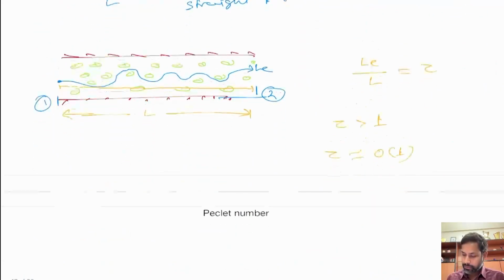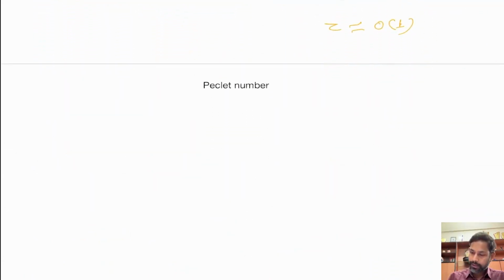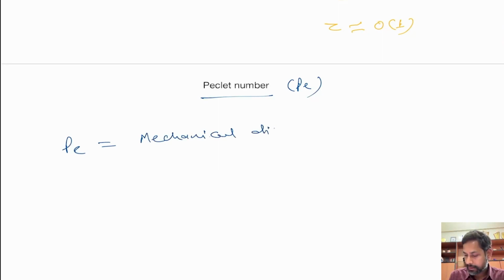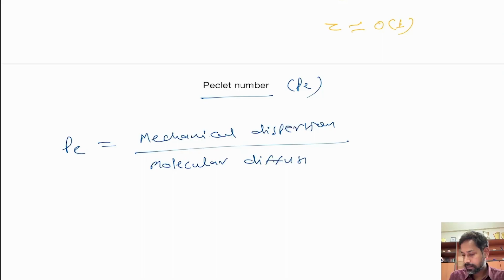To be able to do that comparison, there is a number called the Peclet number, which is generally written as Pe, and this gives you the effects of mechanical dispersion over molecular diffusion.